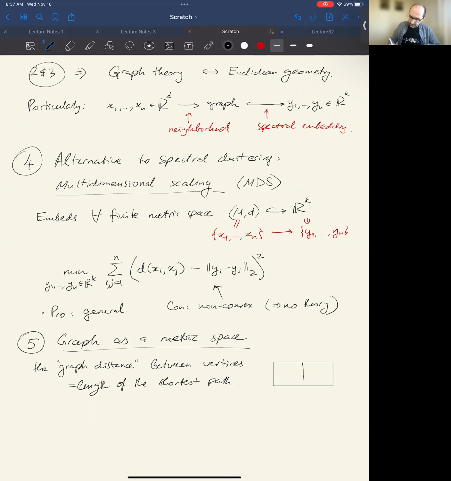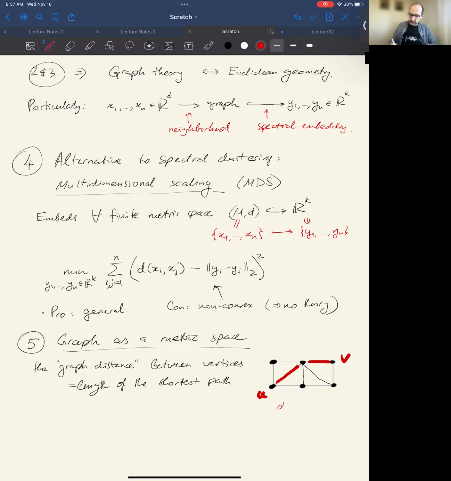For instance, suppose we have a graph like this. And here are the vertices, 1, 2, 3, 4, 5, 6. This is vertex U, let's say, and this is vertex V. What's the shortest path? Well, there are many paths here. You can walk from U to V in 3 links like this, in 4 links like this, but the shortest one has 2 links like this.